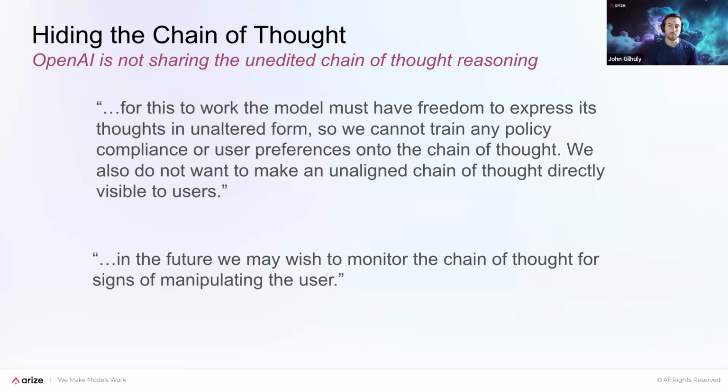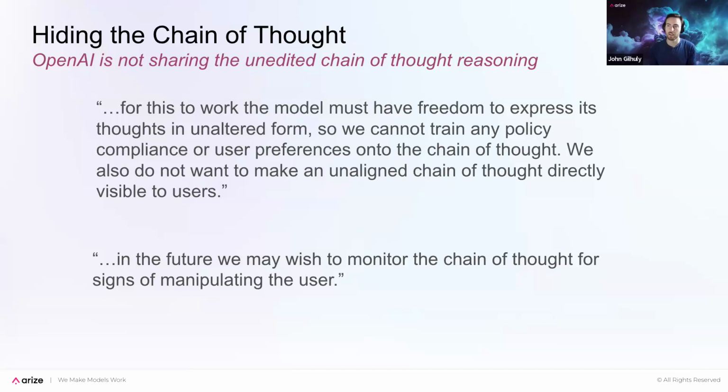But because of that, we can't train that chain of thought generation process, and so there might be things in the actual chain of thought that we don't want to show to users. So they show a chain of thought, but it's not exactly what's from the model.